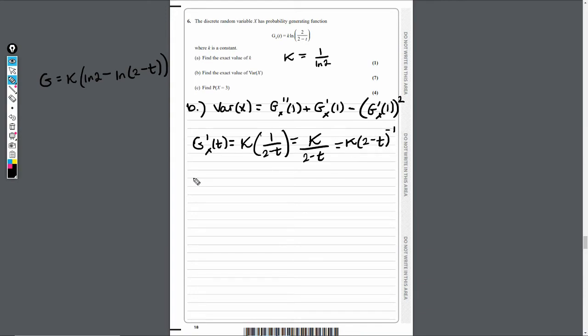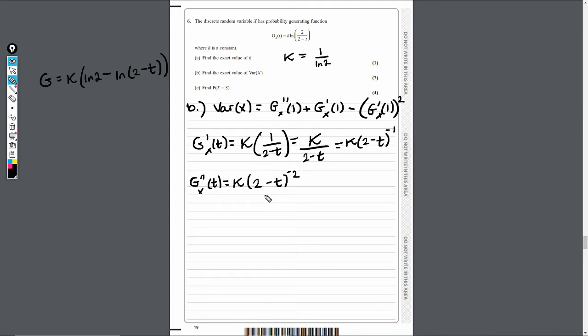Hopefully this is relatively straightforward. So g prime prime of t, what will that be? Just differentiate this here now. Differentiating this using chain rule, you're going to get k lots of 2 minus t to the minus 2. So that's the second derivative.